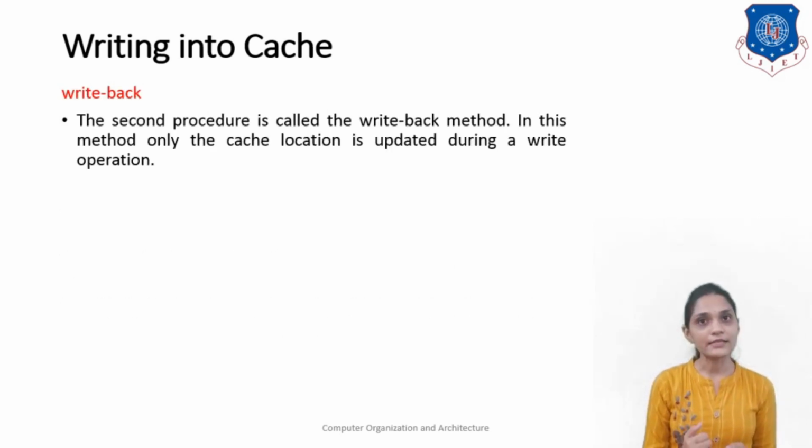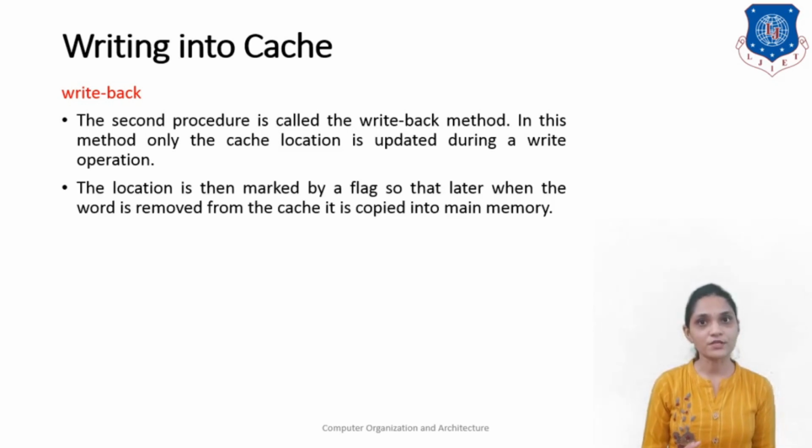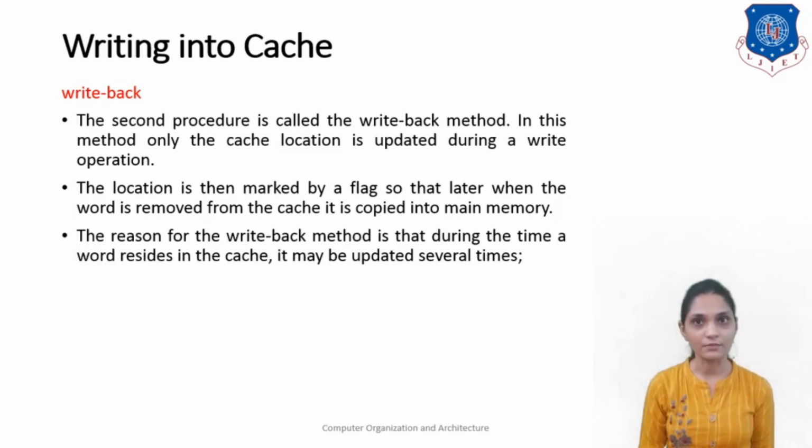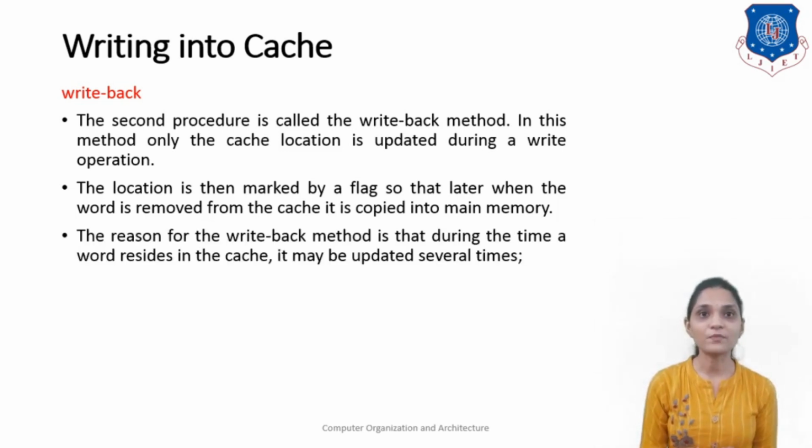Okay, the second method is the write back method. In this method, only the cache location is updated during a write operation, and the location is then marked by a flag, so that later when the word is removed from the cache, it is copied into main memory. The reason for the write back method is that during the time a word resides in the cache, it may be updated several times.